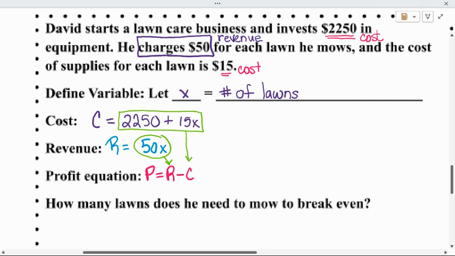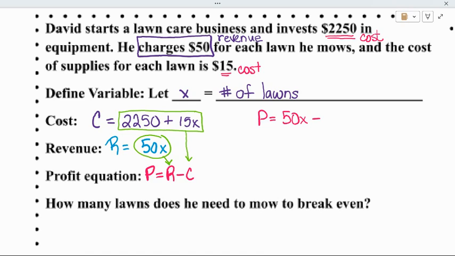So let's do that. My profit equals, because I want a simplified equation, my revenue, which is $50 times x, number of lawns, minus, what am I subtracting from that? The whole cost, right? So what do I need to do with the whole cost?